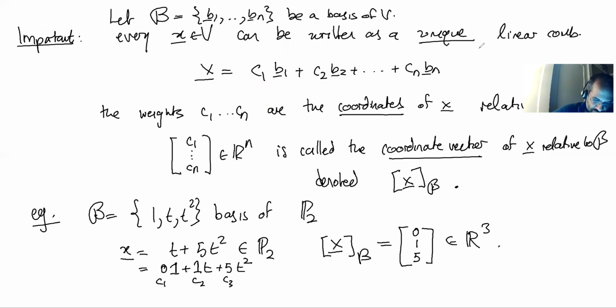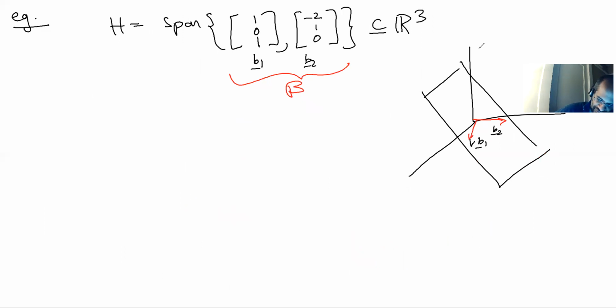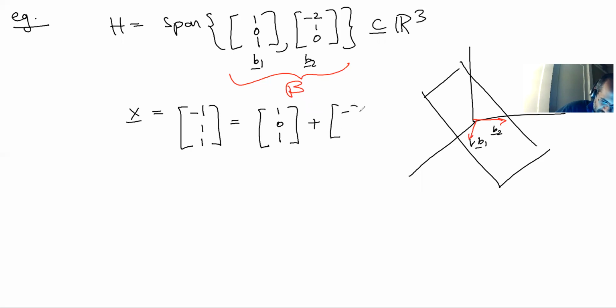So this is still true. So now suppose I have some vector in this set. Let's take a vector x, and let's take the vector, I don't know, minus 1, 1, 1, which is easily seen to be equal to 1, 0, 1 plus minus 2, 1, 0. So it's equal to B1 plus B2, right? So x is some vector in here, it probably looks like this.